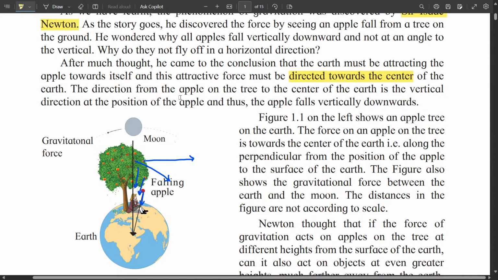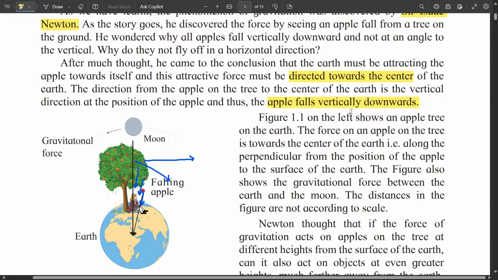The direction from the apple on the tree to the center of the earth is a vertical direction at that position of the apple, and thus the apple falls vertically downwards. So he thought that every object is attracted towards the center of the earth.